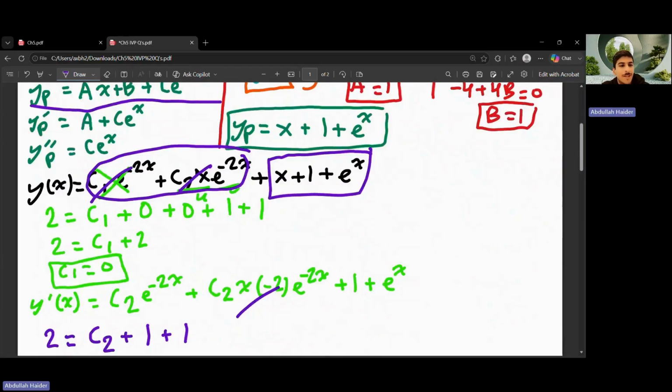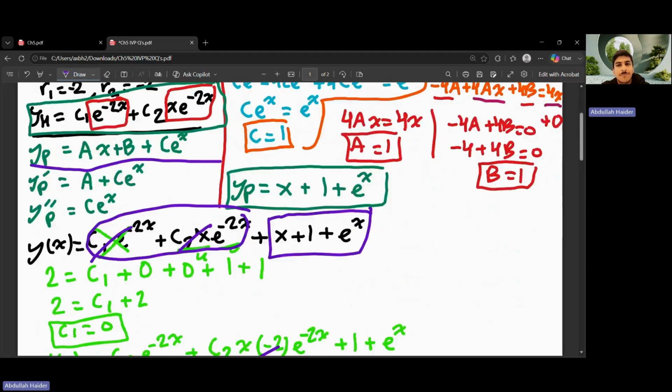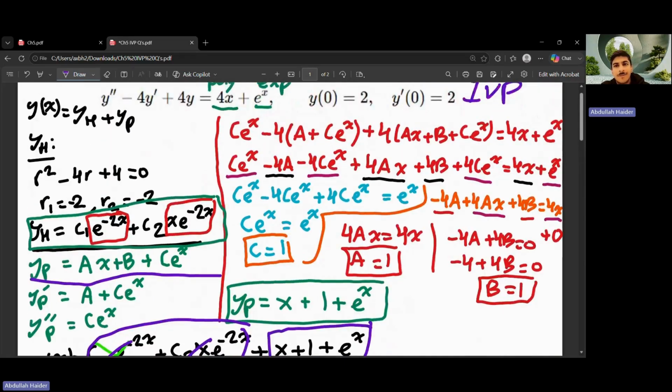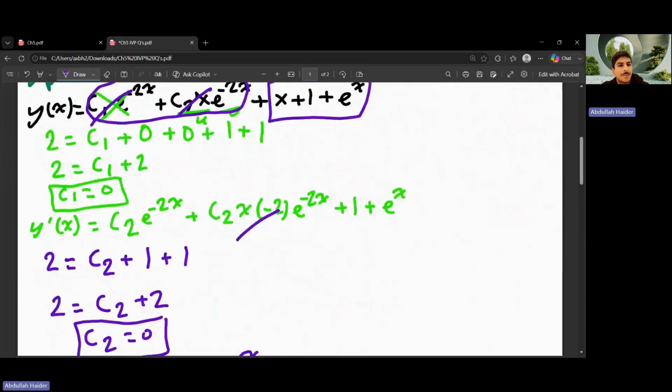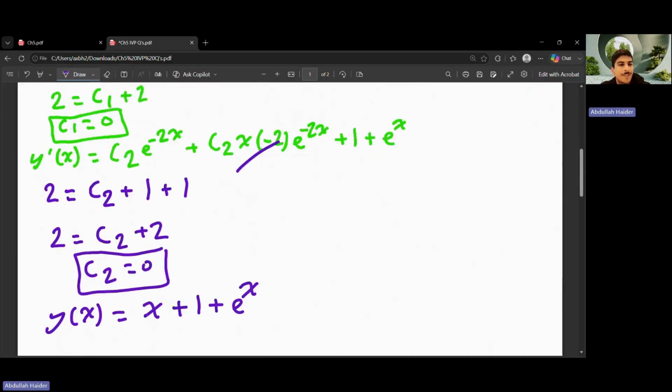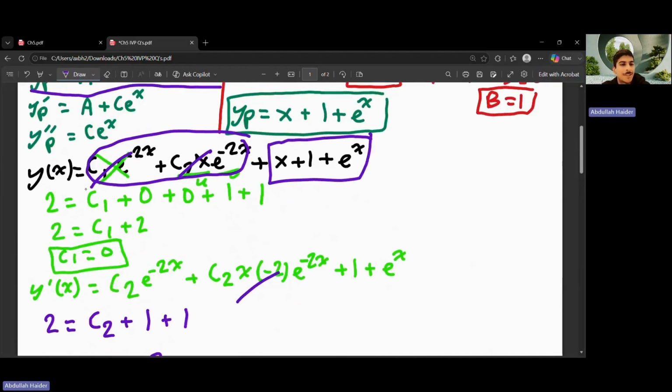You get 0, and then you can cross this out. But remember that the second initial condition is always used to find C2, and you have to take the first derivative of the main equation. After you apply the initial conditions, you'll get C2 as well. And then you apply C1, C2 in the main equation, and that will be your final answer.